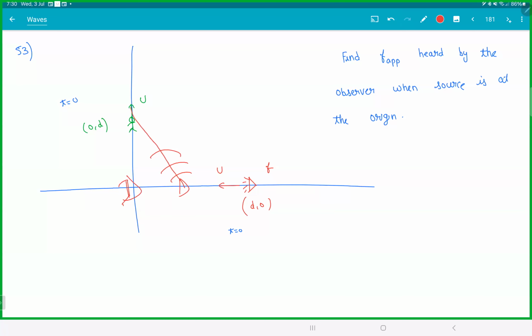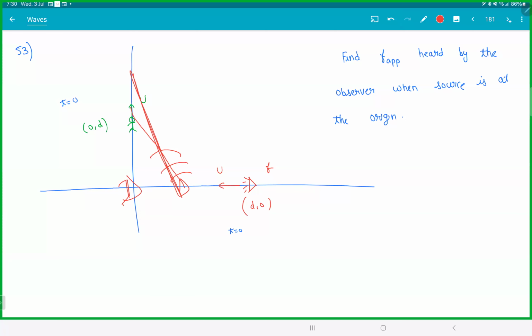The person didn't hear the sound which was released at the origin. That sound was released before. In the meantime, the source reached from that point to the origin. Means you're supposed to take this angle. You should take velocities along the line joining the source when the sound is released and the observer when the sound is received.